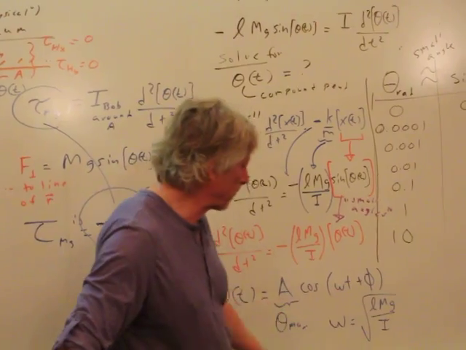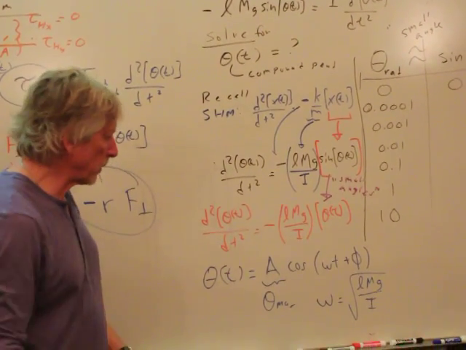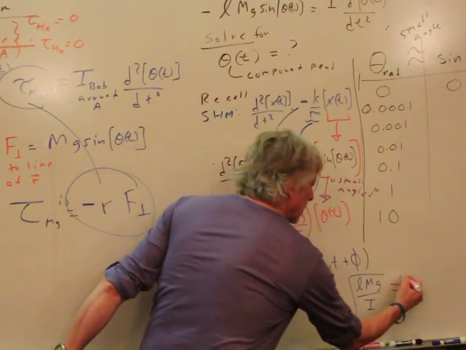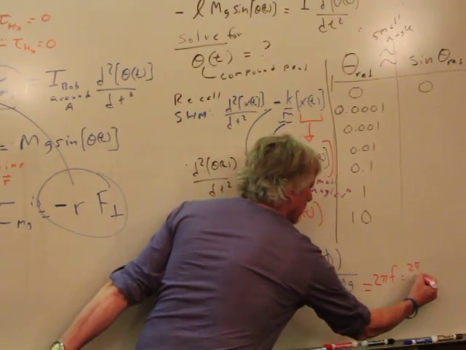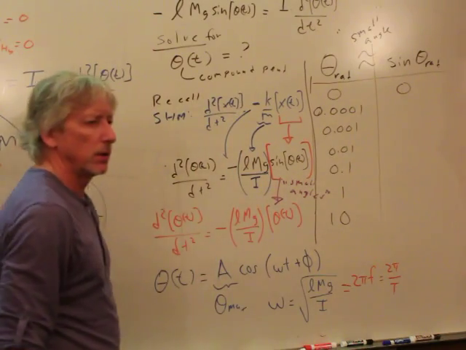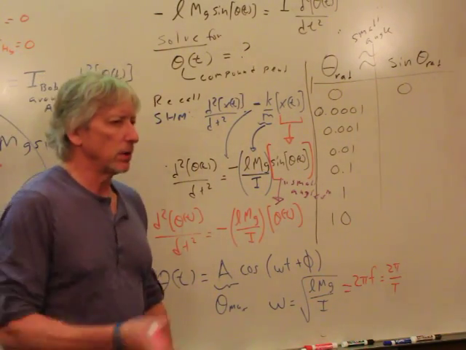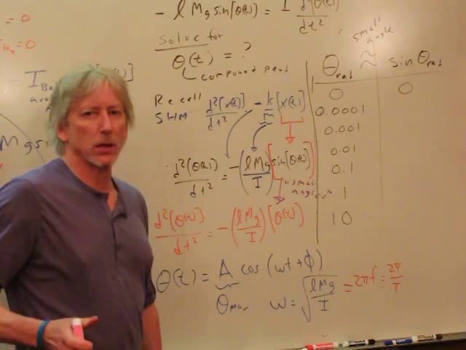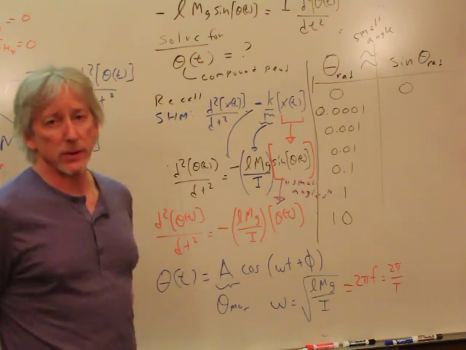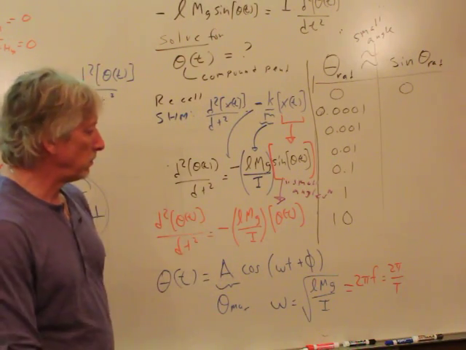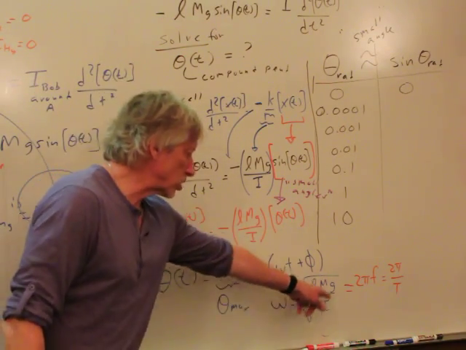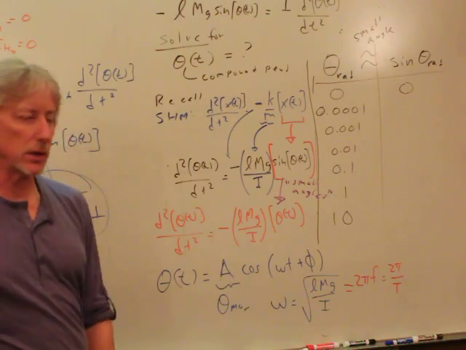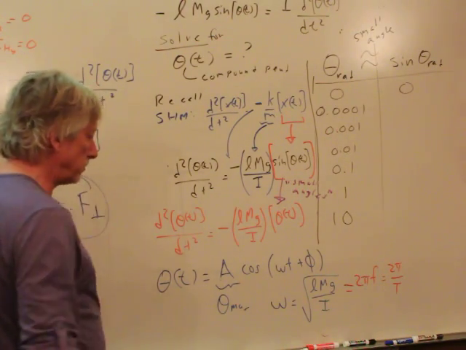What's omega? Well, remember, that's the same as 2 pi times the frequency, which is 2 pi over the period. And you can count how many cycles per second, and then figure out the seconds per cycle. Multiply times 2 pi. L is constant, m is constant, g is constant, I is constant, and so that's a constant.